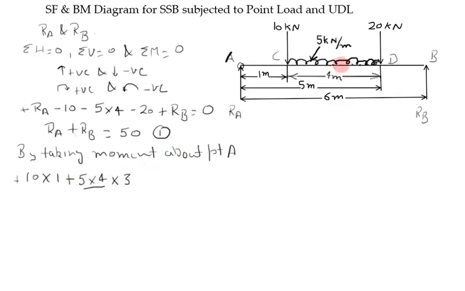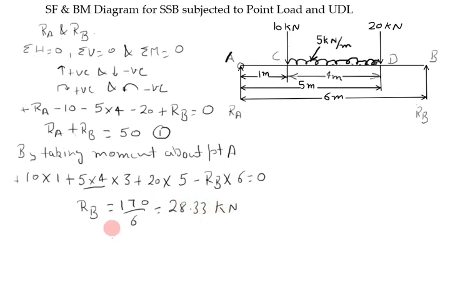And next one is 20 kilonewton at a distance of 5 meter. Last one is RB, which tends to rotate the beam in anti-clockwise direction, and RB is at a distance of 6 meter. So sum of all these moments should be 0. So RB is equal to 170 by 6, which comes out as 28.33 kilonewton.